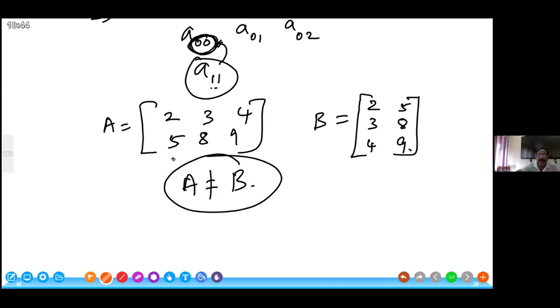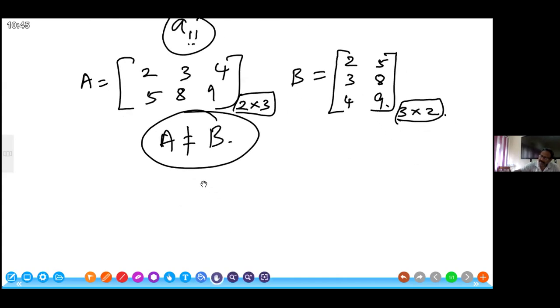We can argue this in two ways. First, this is how we indicate the size of a matrix: 2 into 3 means 2 rows and 3 columns. This is 3 into 2. First, the sizes are not the same. Sizes are not the same.